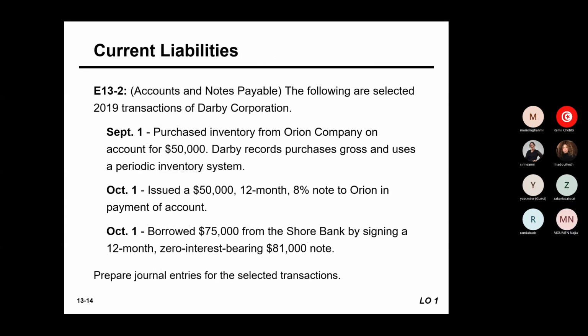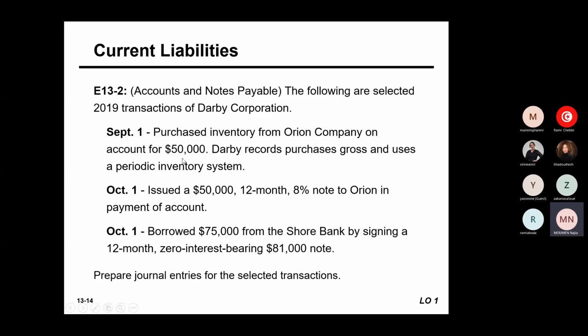Let's see now an exercise with some selected transactions dealing with accounts and notes payable. September 1st, we have a purchase of inventory from Orient Company on account for 50,000. Record purchases gross and use a periodic inventory system, so you won't use the inventory account here.